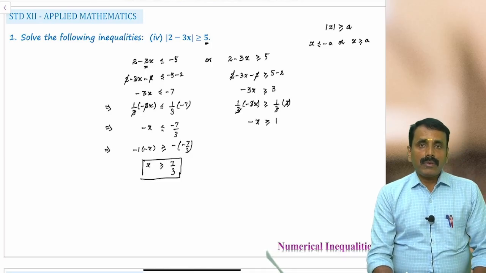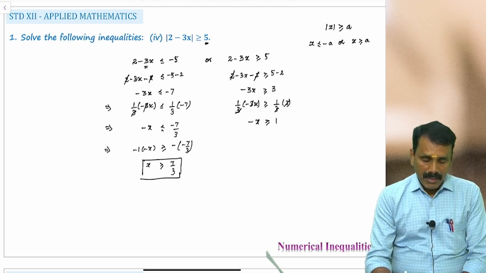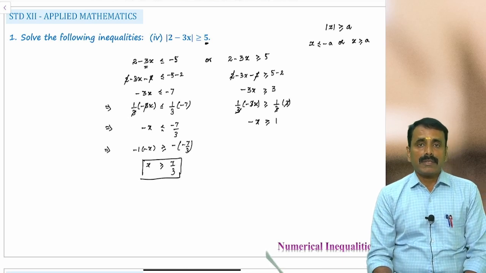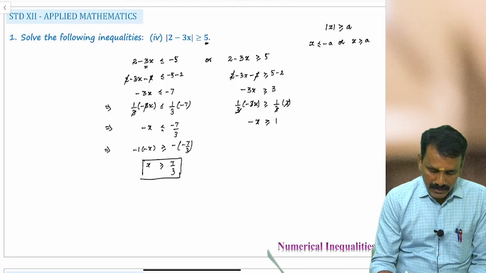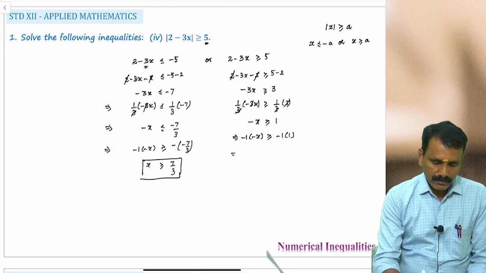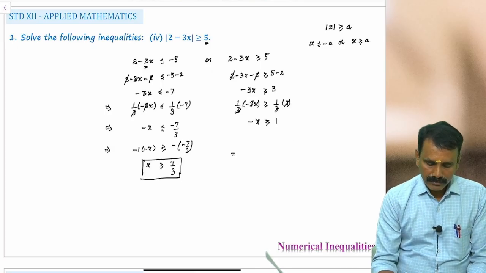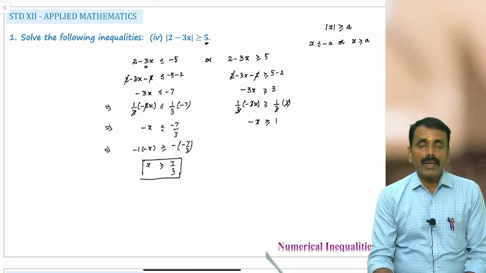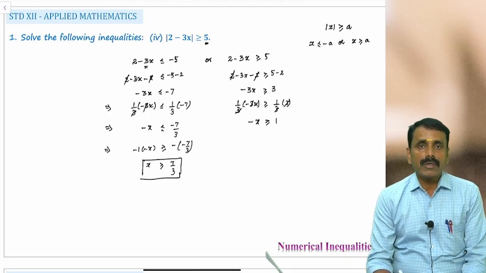But now also I don't get the value for x because I am having minus x on the left hand side. So we multiply by minus 1. So minus 1 into minus x greater than or equal to minus 1 into 1. I want to remove the negative symbol which appears with x. So what should I do now?